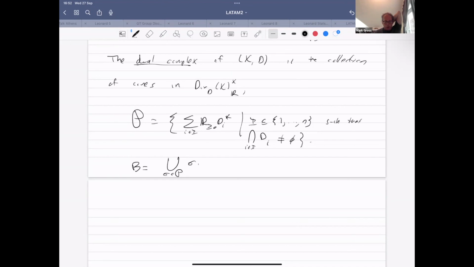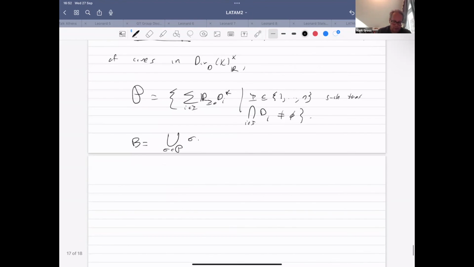So all this records is the intersection pattern, so how the various Di's intersect. So for example, if I take P2 with a triangle of curves, then this thing lives inside a three-dimensional space.